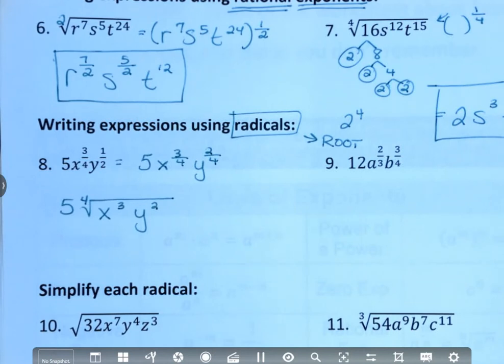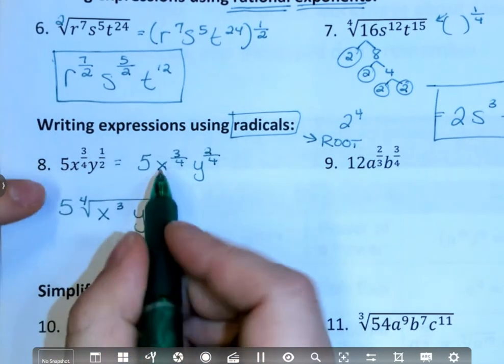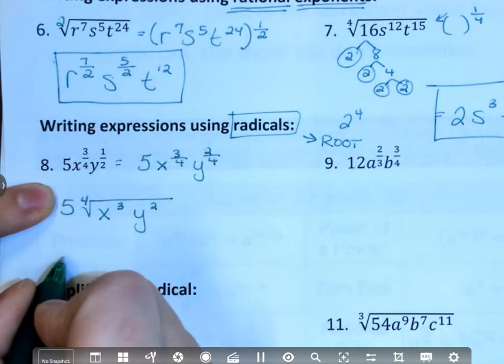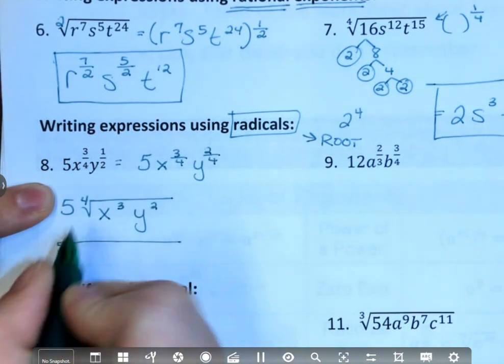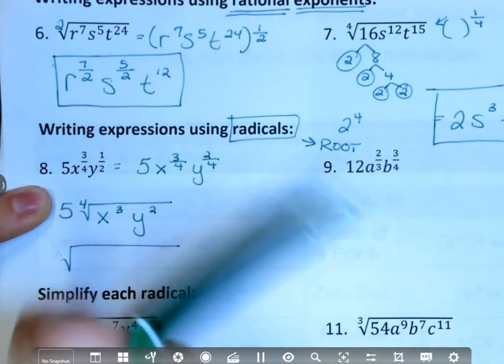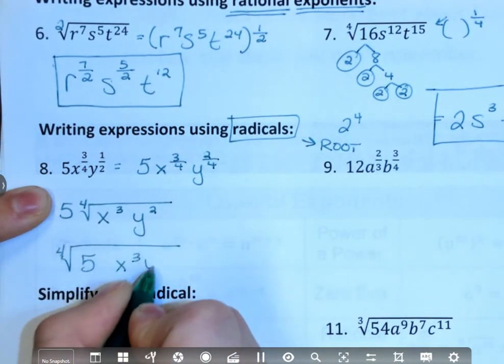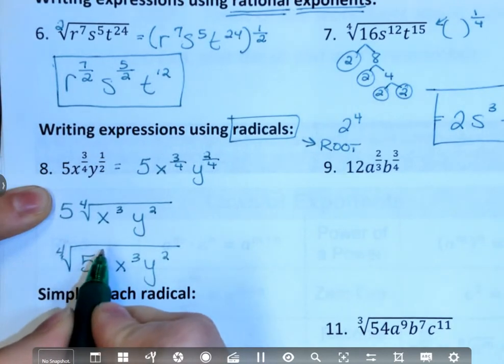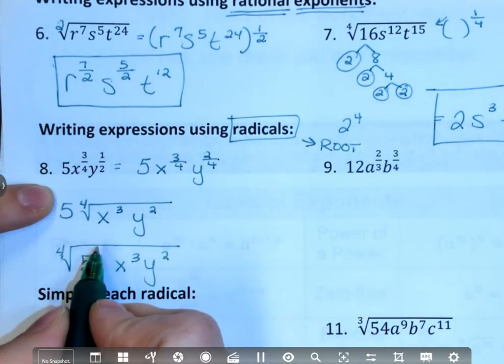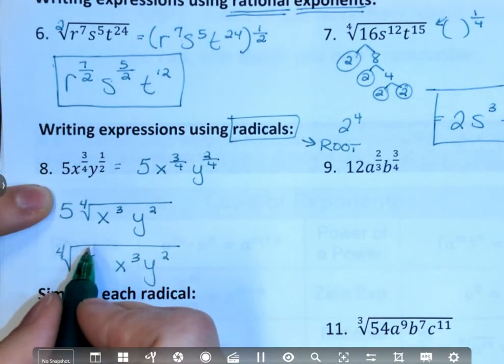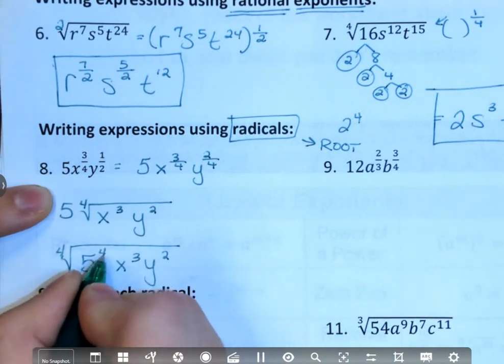Now, I'm going to be honest with you guys. I was looking at some of the other teachers and what they were expecting to see with this. I thought it was a little ridiculous. But when it said write the expression using radicals, they shoved the 5 underneath as well. And if I put the 5 underneath as well, what power is that 5 going to have? 5 to the 4th.